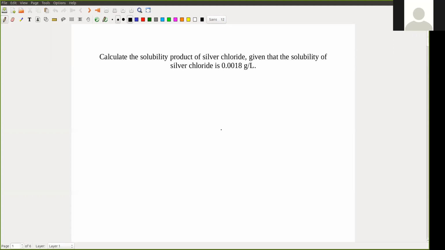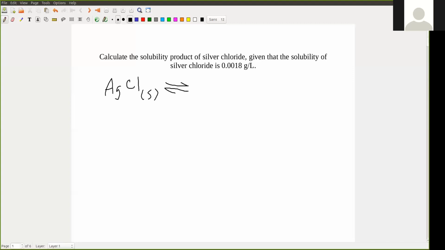So for each of these cases, whenever you're dealing with solubility, you want to figure out what your reaction that's occurring is. And what it is, we have a salt, AgCl. It's a solid, and then we're going to put it in solution.